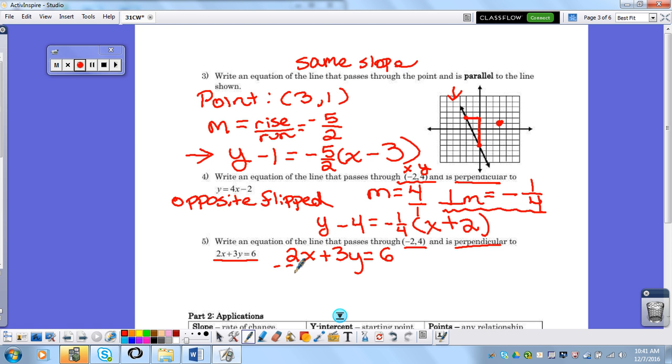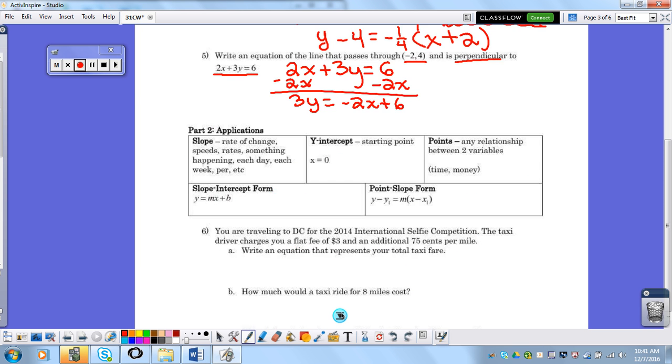If it's positive, I'm going to subtract. 3y is equal to negative 2x plus 6. Is your y by itself? It is not, so I'm going to divide every single thing by 3. So my new equation is y equals negative 2/3 x plus 2.